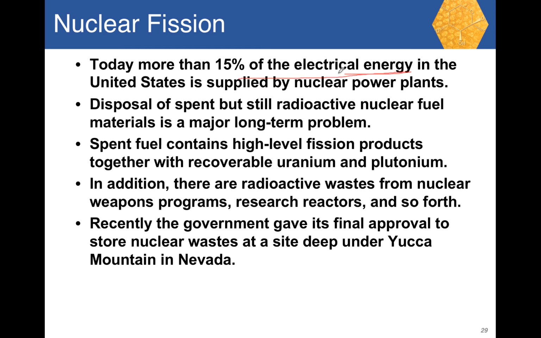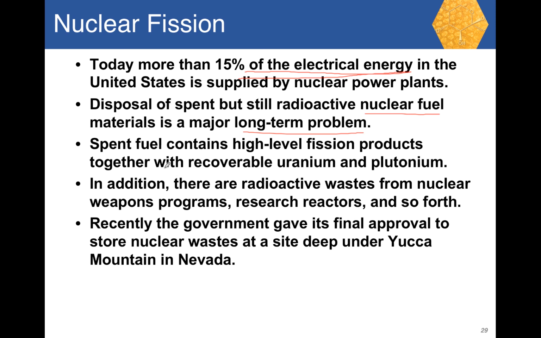Electrical energy. Okay, so you've heard of nuclear plants. They're in different places throughout the U.S. Of course, as you can imagine, one of the downsides is that they produce nuclear materials. So that's a long-term problem, that they produce these radiations and these different isotopes that are also radioactive. And so they're called spent fuels.